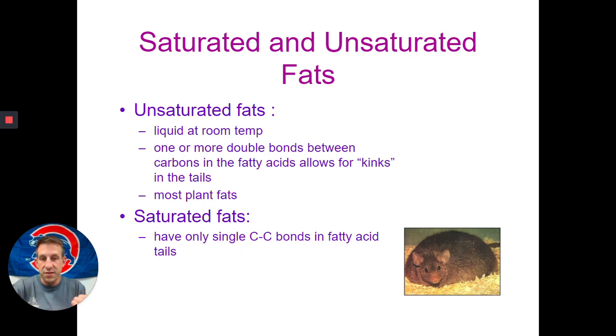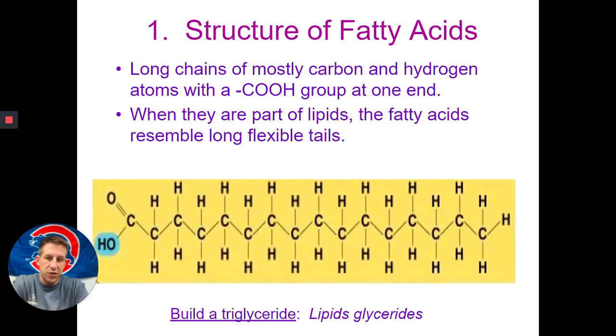In saturated fatty acids, all of the bonds that connect the carbons are single bonds, while in unsaturated fatty acids the carbons oftentimes have at least one, and maybe more than one, double bond. If I go back to this picture, I would ask you in class what type of fatty acid this is showing, and you'd look and say there are all single bonds between the carbons, so that's a saturated fatty acid.